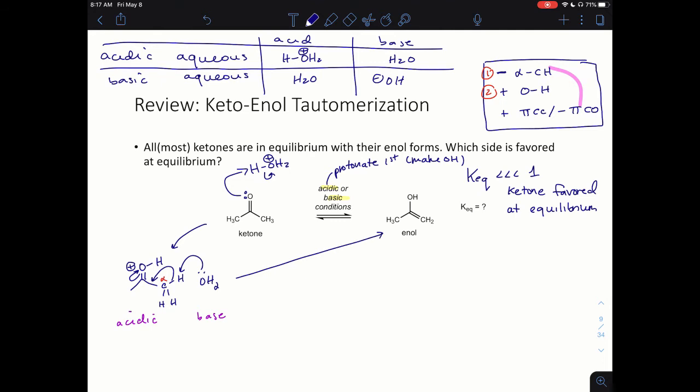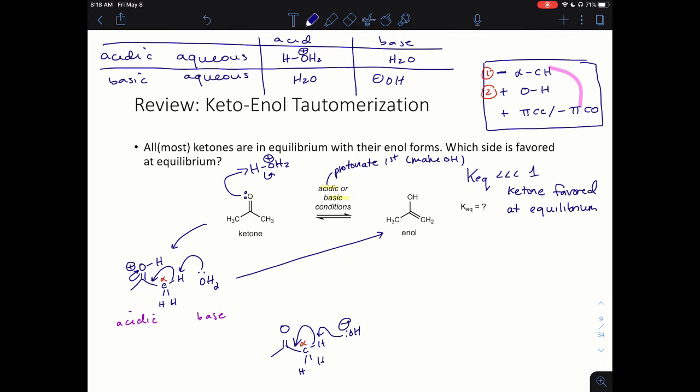Now, under basic conditions, we have a different order. Under acidic conditions, you protonate. Under basic conditions, you're going to deprotonate. So the first thing is to deprotonate the alpha carbon. Under basic aqueous conditions, the base is hydroxide.